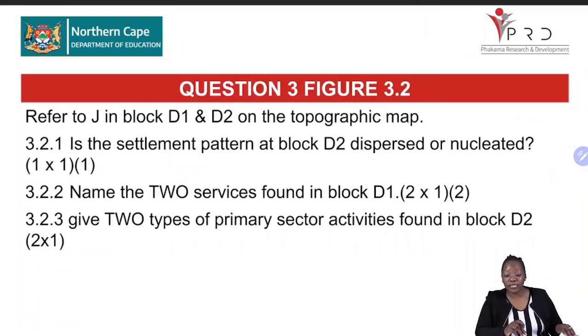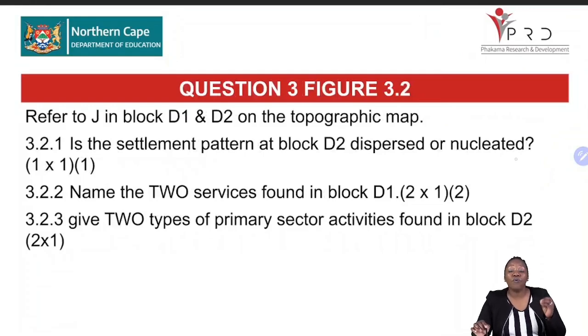And then after that, we are looking at the 2 blocks, which is your D1 as well as your D2. Then the first question says, is the settlement pattern, remember the settlement pattern, we have learned that in the theory part, but it also applies in the map work. Is the settlement pattern in block D2 dispersed or nucleated?